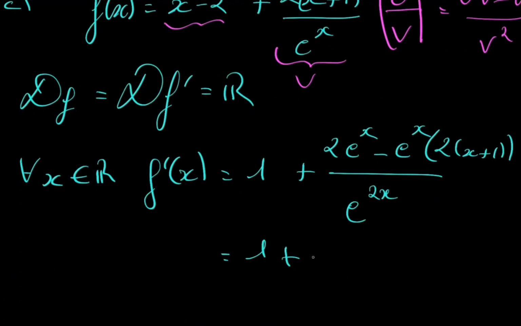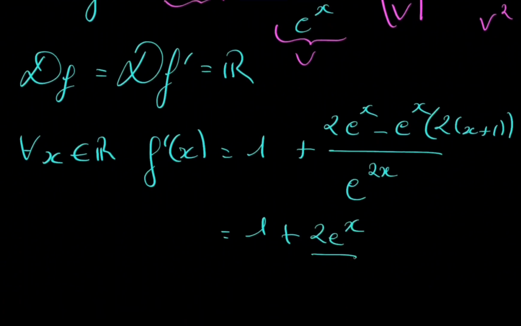So we've got 2 exponential of x over exponential of x squared, factor of 1 here, and on the other part, minus (x plus 1).